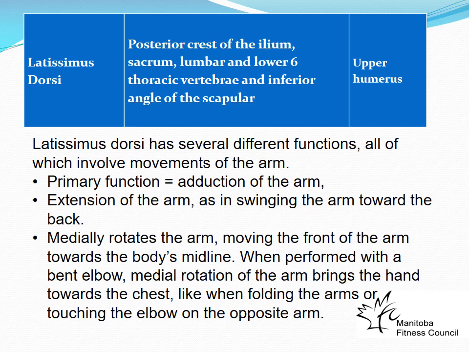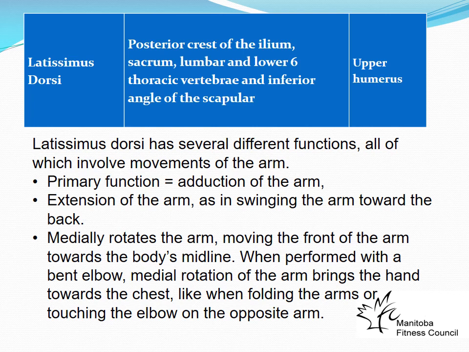Let's remember one thing. Let's look at pectoralis major. Pectoralis major will have two movements in common with latissimus dorsi. Both of those muscles, pec major and latissimus dorsi, will both adduct the arm. They will both adduct the arm that's held away from the body. They'll pull it back in.